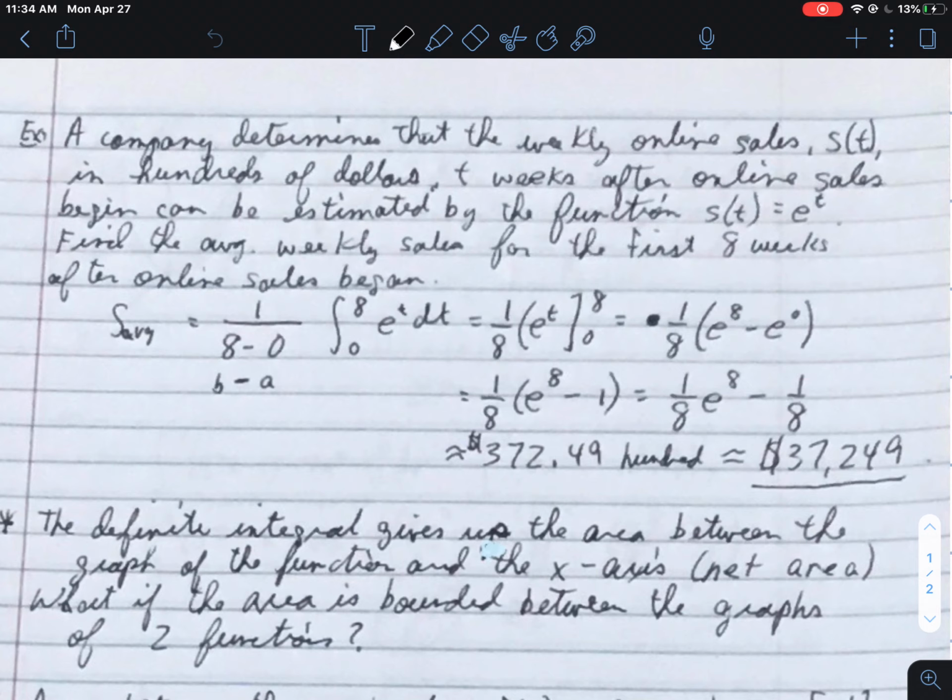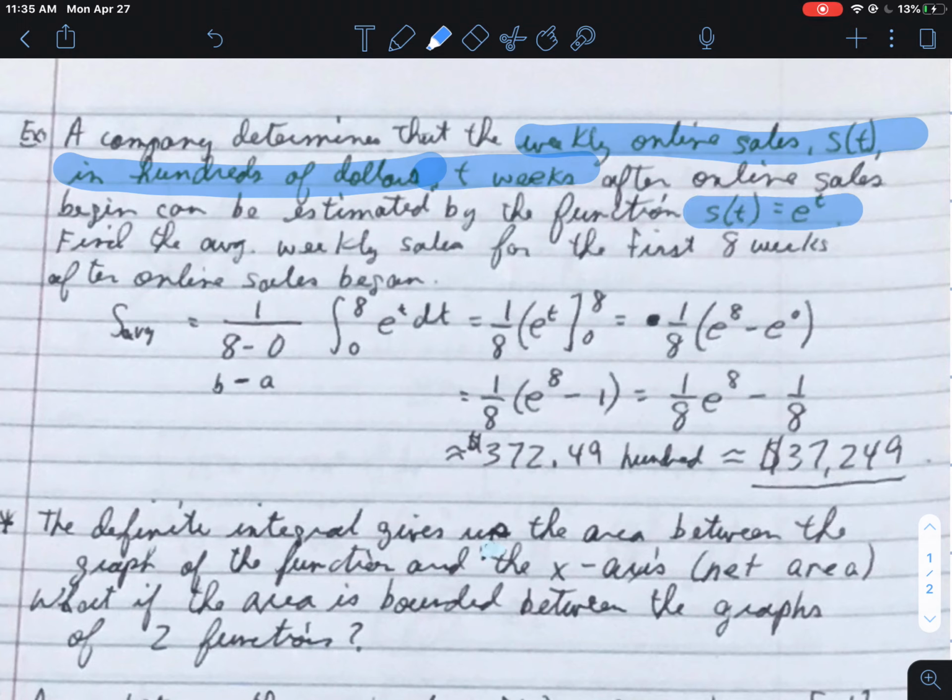So for example, I've got a company that determines that its weekly online sales, S of T, S for sales in this case, in hundreds of dollars, watch our units here, T weeks after online sales begin, can be estimated by the function S of T equals e to the T. All right, so that's our weekly sales, T weeks after sales have begun, and that's in hundreds of dollars.